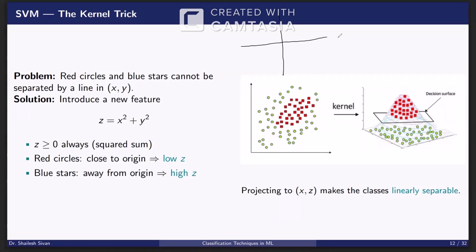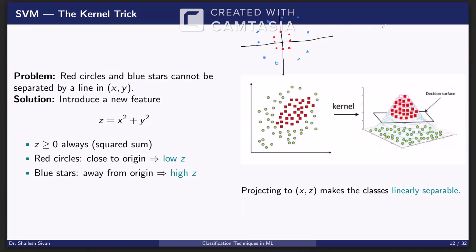See, if this is our data axis, and this is one set of observations, and this is our other set of observations, clear?